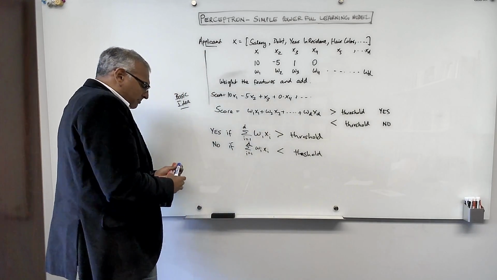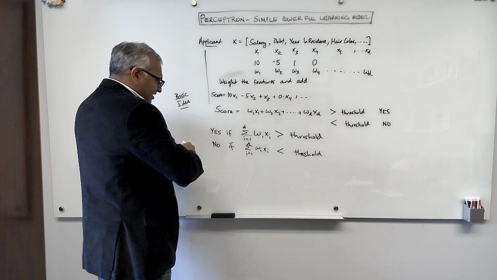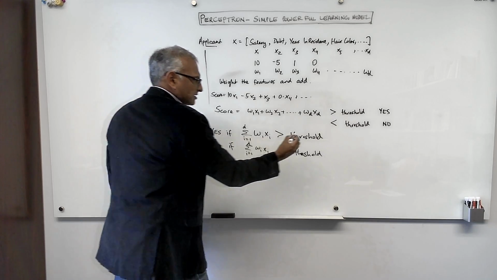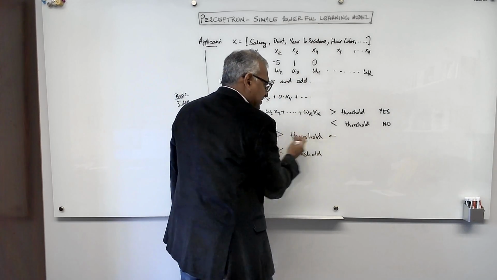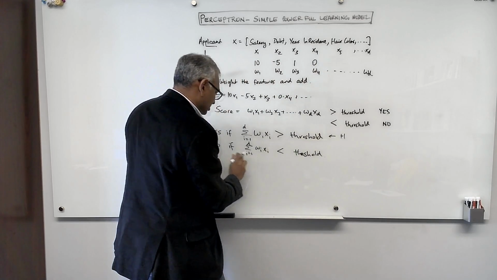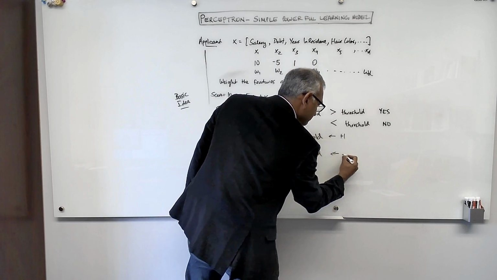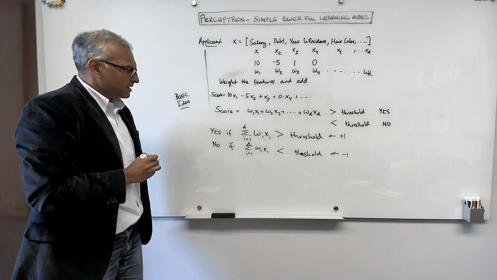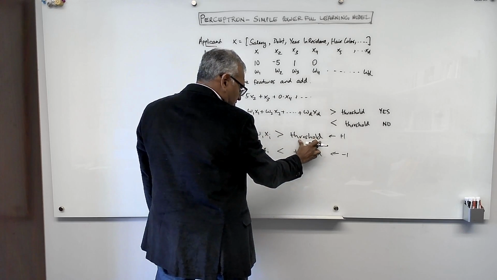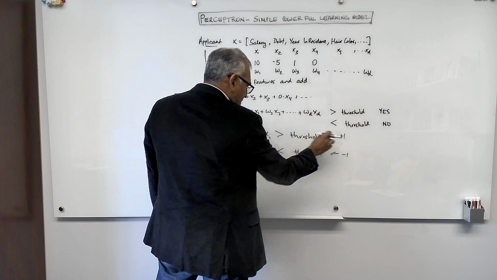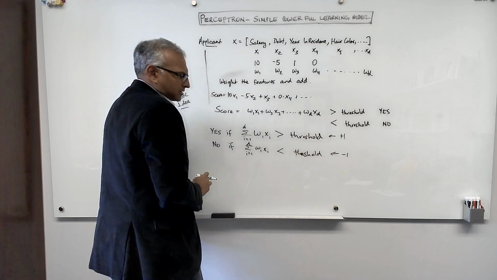Okay, now remember I said that we can encode the yes as +1. So my decision is yes, but that's equivalent to saying my decision is +1, and my decision is no is equivalent to saying my decision is -1. And now we observe that basically what we're doing is comparing this to a threshold and saying +1 if it's greater, -1 if it's less.